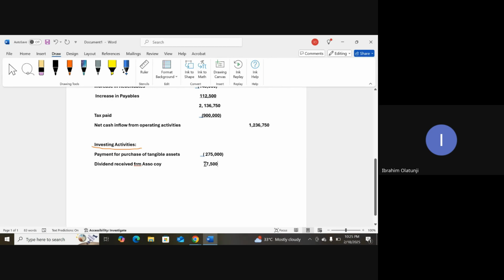So you don't need to put it in bracket because you receive the dividend from the associate company. Is it clear?